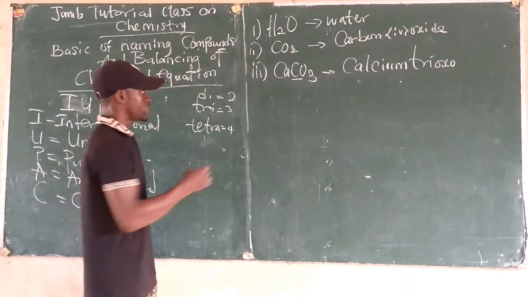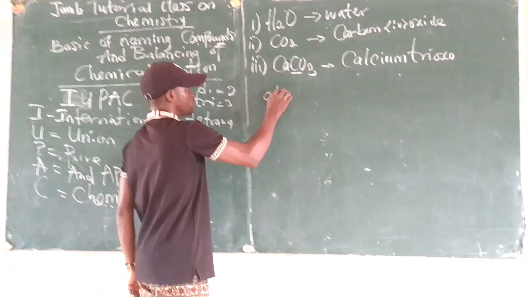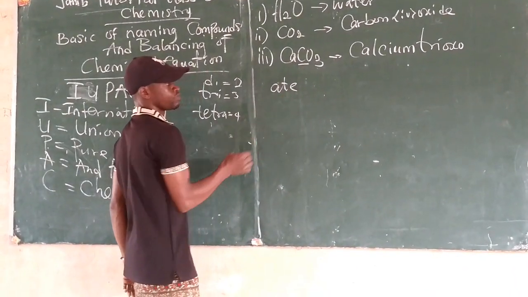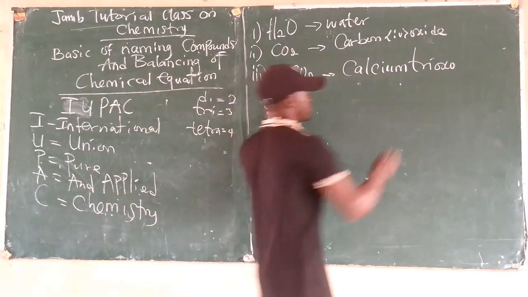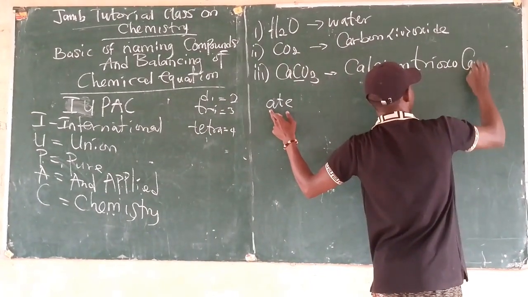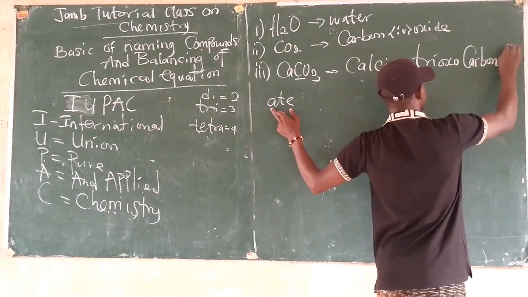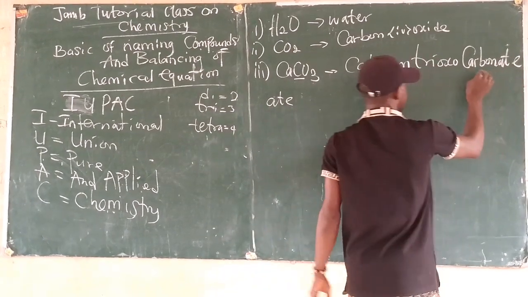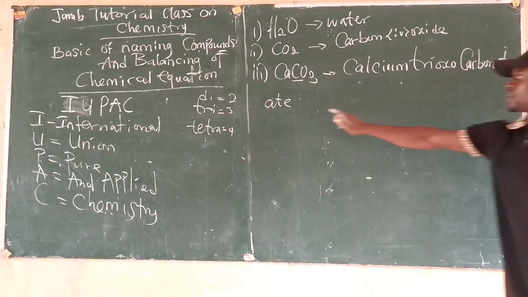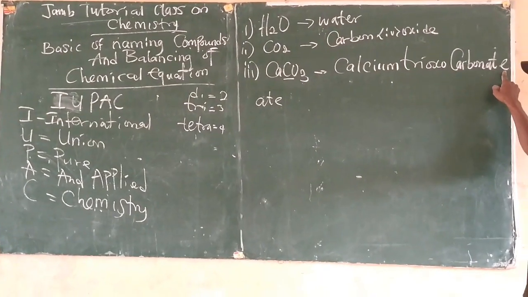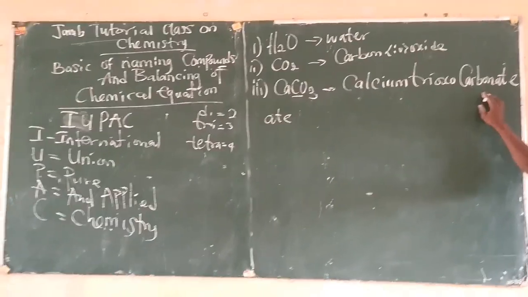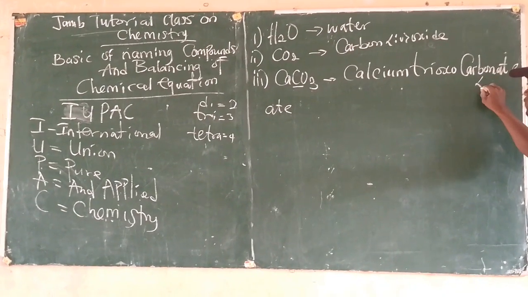But IUPAC will tell you to always name the middle element with the suffix ATE. So from carbon, that becomes carbonate (IV).